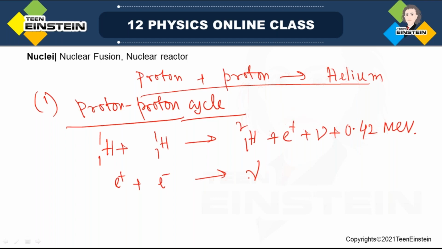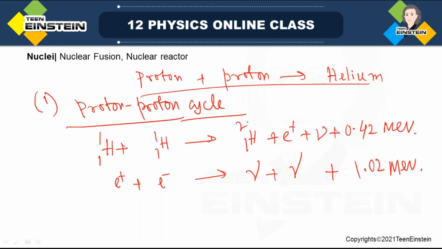So how much energy? They will produce 2 gamma, 1.02 MeV.